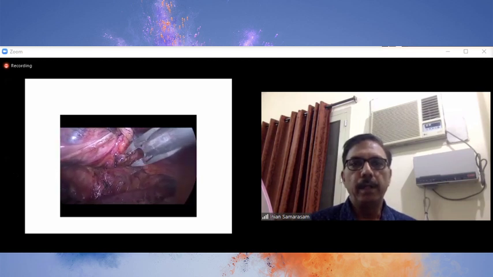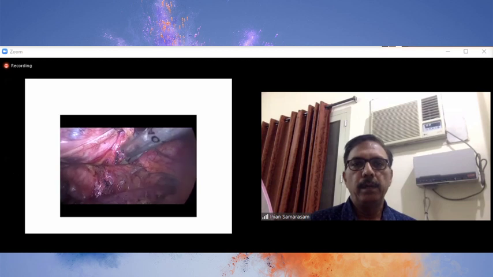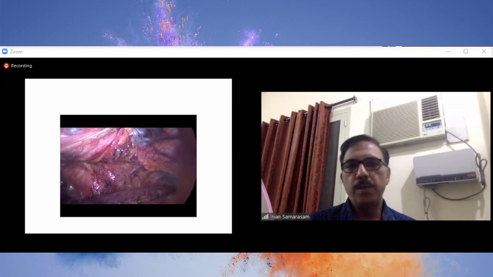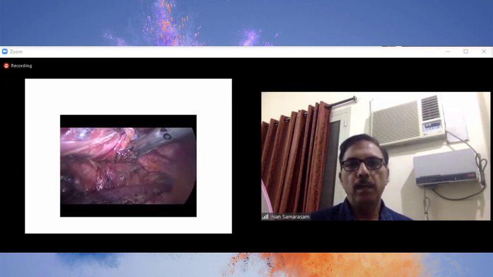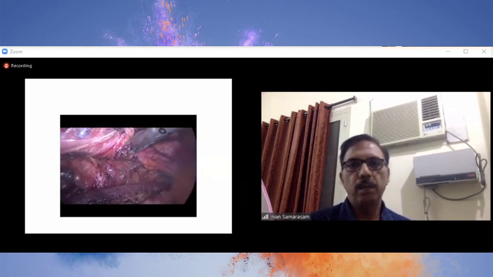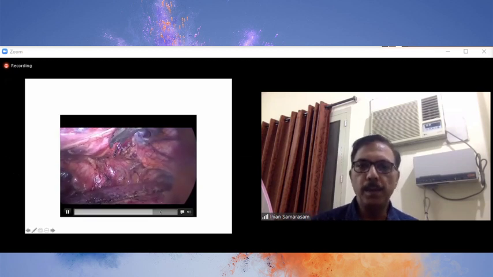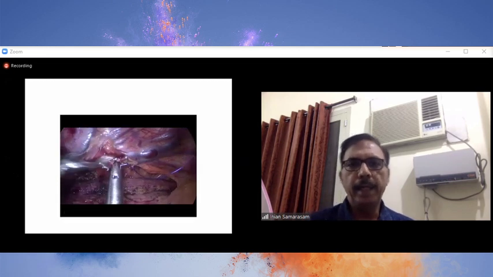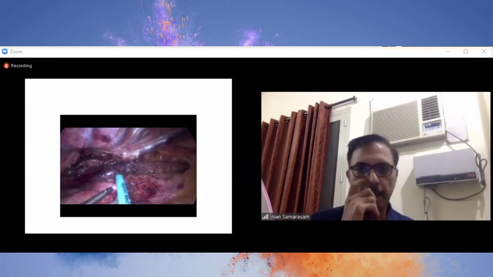It looked all right now, but then somebody decides to put the third clip, and then it starts to, that's probably damaged it somewhere. So anyway, this subsequently needed suturing. And anyway, then we went down and also ligated the thoracic duct below.